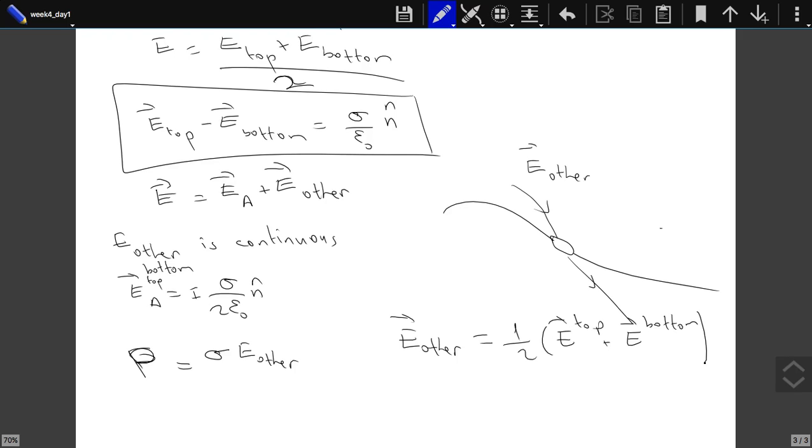So when I take that sum, the only thing that remains is the electric field created by the other charges. So kind of we are done. That's why, if we want to calculate the pressure, we have to take the average of the electric fields on both surfaces, not the electric field on one side nor the electric field on the other side, but just their average.